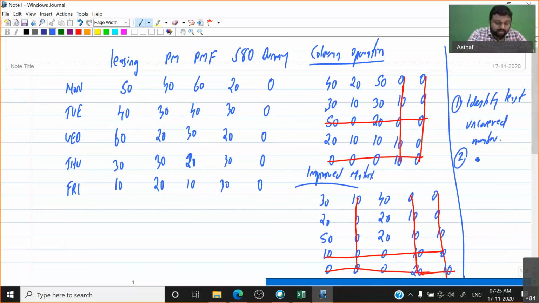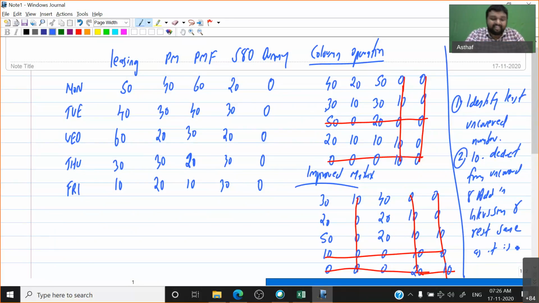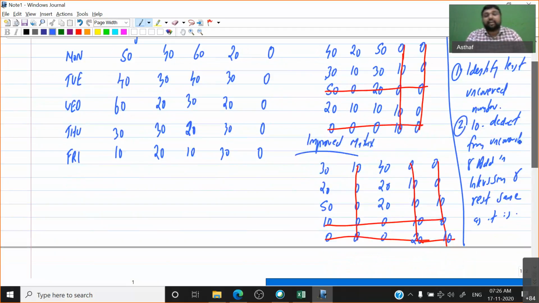So that 10, deduct from uncovered and add in intersection. Intersection means two lanes meet. When two lanes meet, that we call intersection. And the rest of the area same as it is. Simple. So the lowest number is 10, and we have taken it everywhere. I hope I have taken the correct calculation. If any calculation needs correction, 50 is correct.